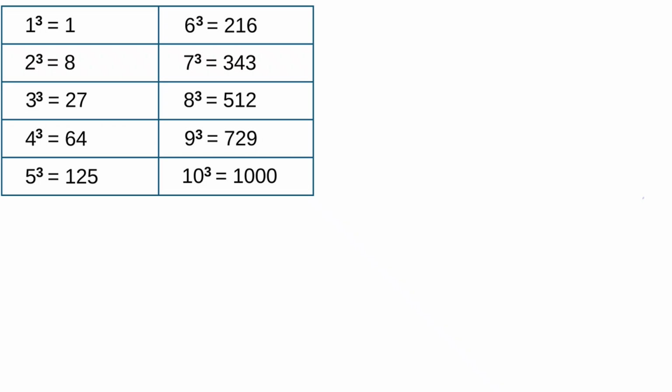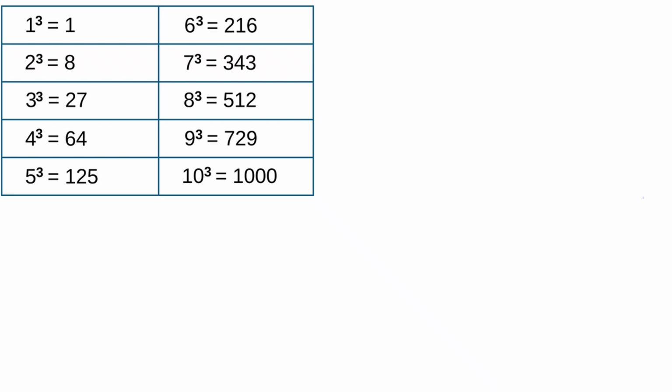Because only these 1 to 10 cubes will help you get the cube roots of all the bigger numbers in a few seconds. But you should know the cube roots and the cubes from 1 to 10 thoroughly. This is really going to help you out in finding the cube roots of larger digits.